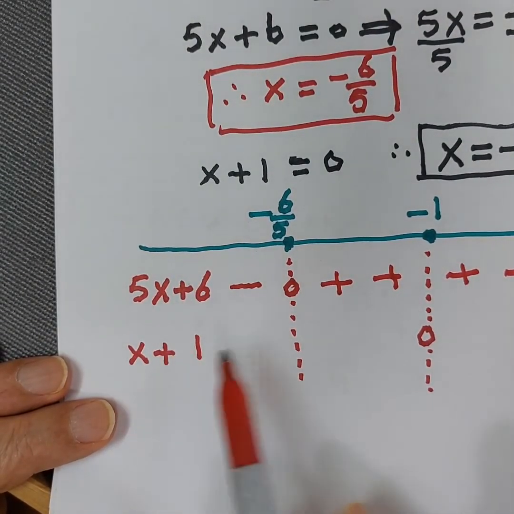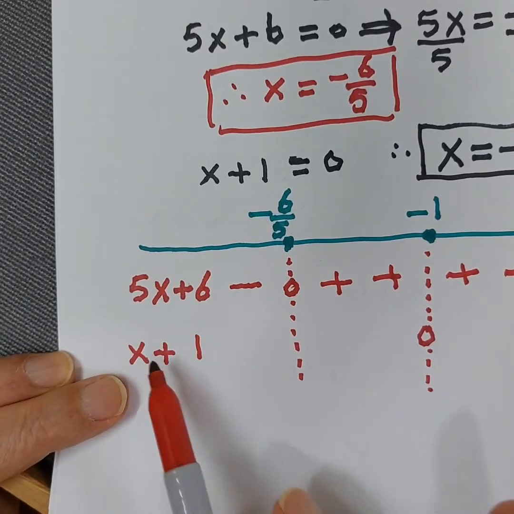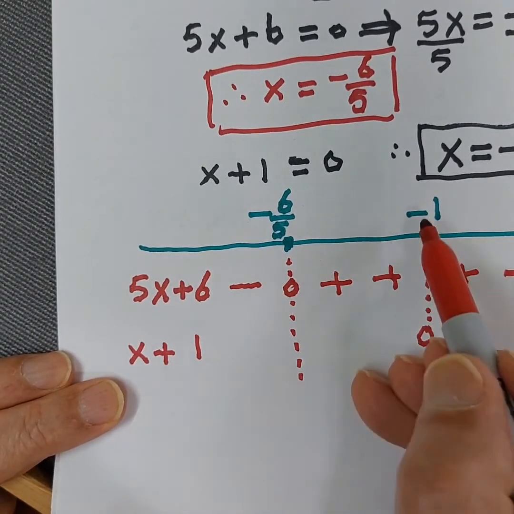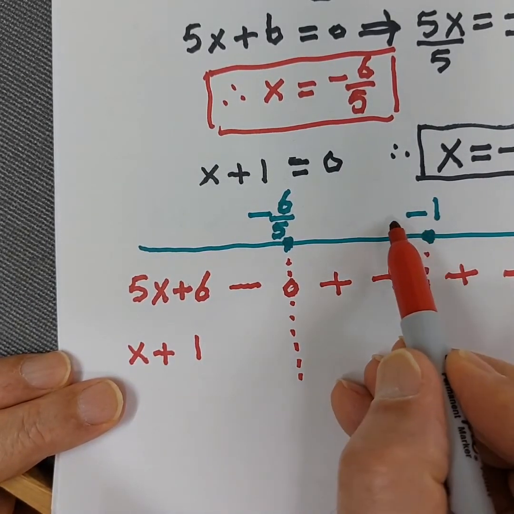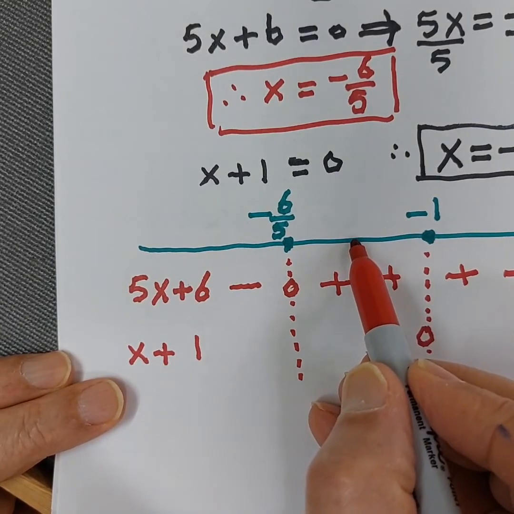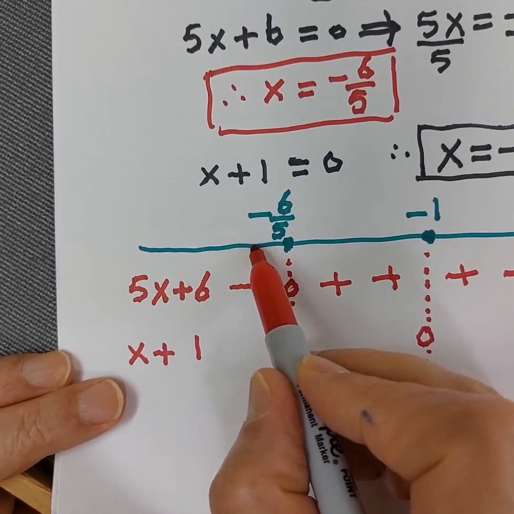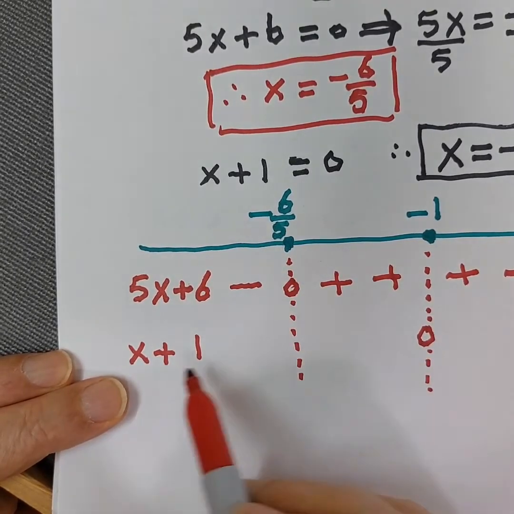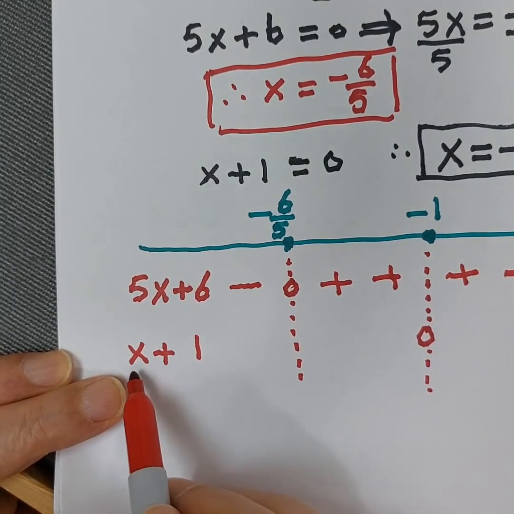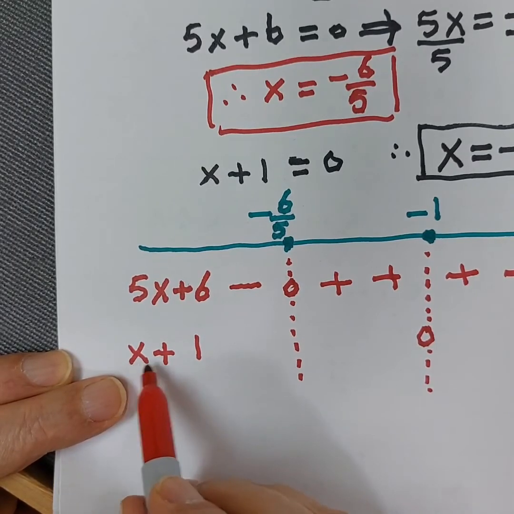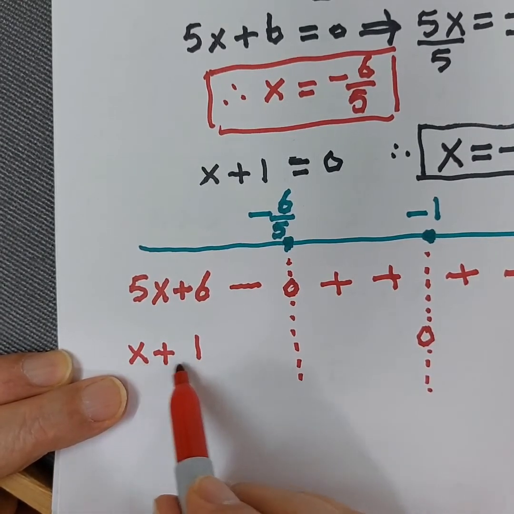We will repeat it again for this factor. When we take -1.5 here, -1.5 also is still in this area, and put it in here, so -1.5 plus 1, that means -half.